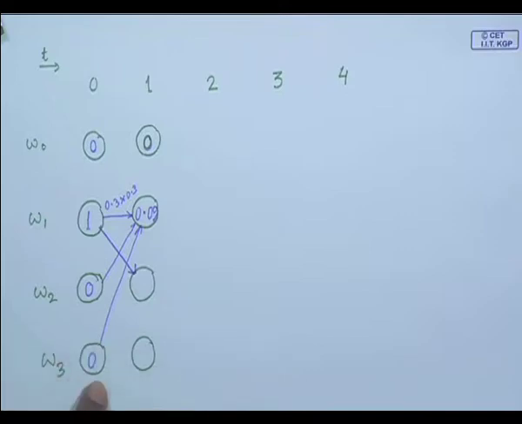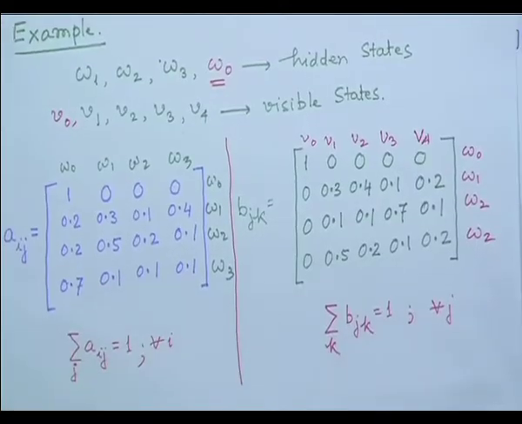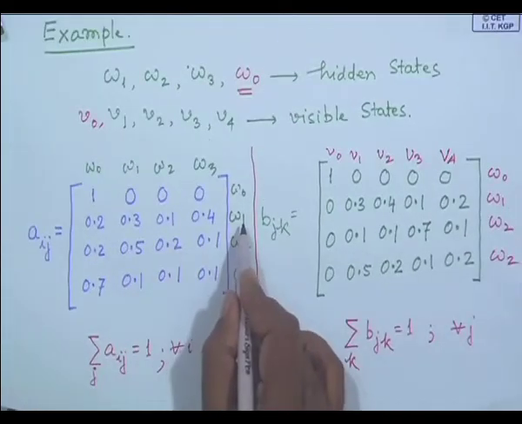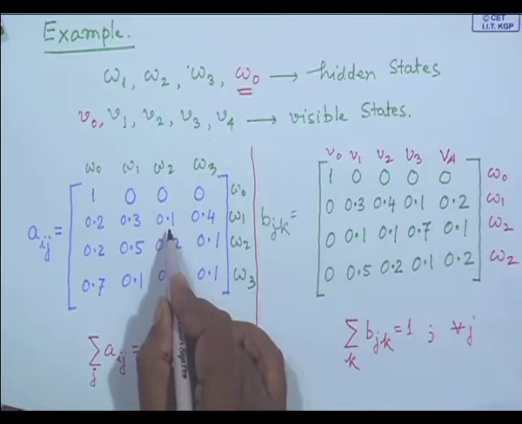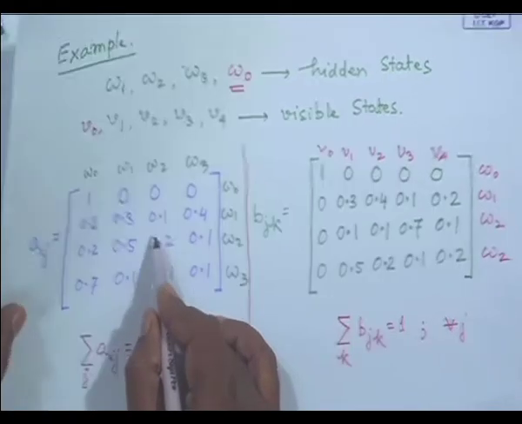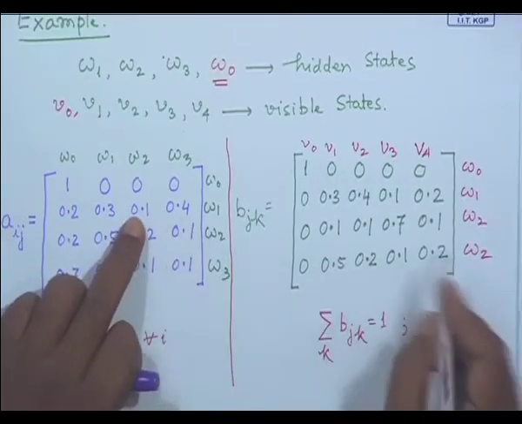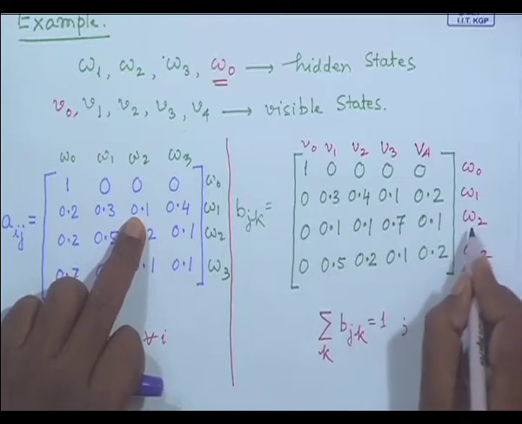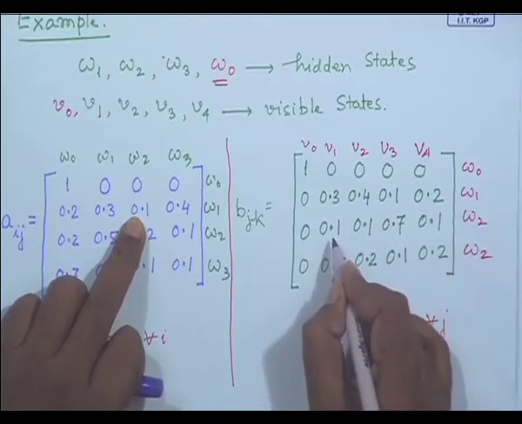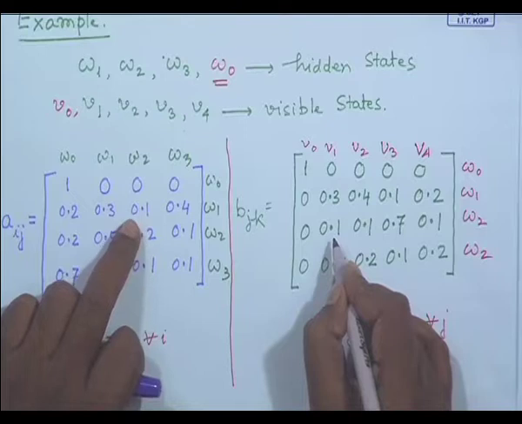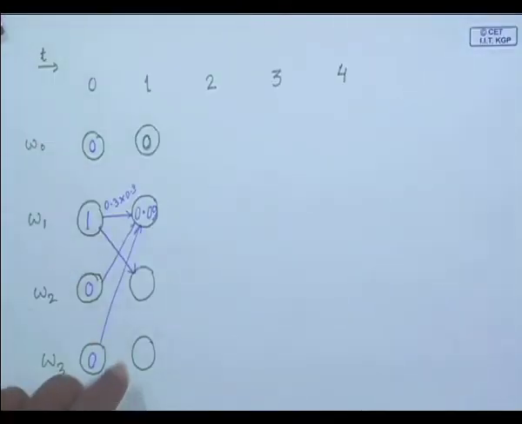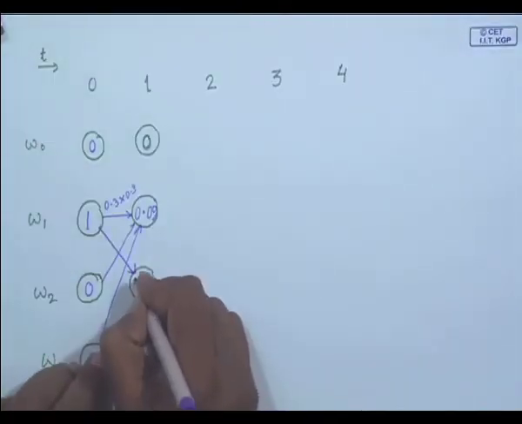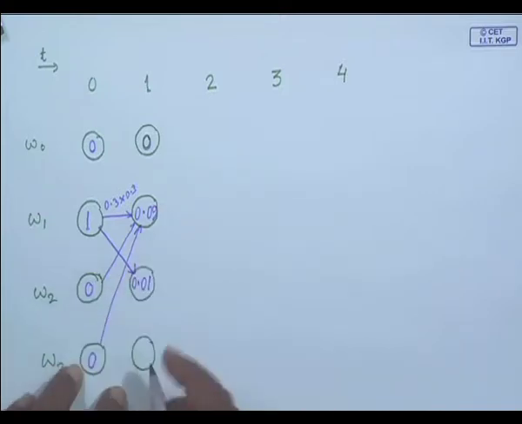The transition probability from omega 1 to omega 2 is 0.1, and the emission probability of V 1 from omega 2 is also 0.1. So this contribution will be 0.1 into 0.1, which is nothing but 0.01. In the same manner, I can compute that this will be 0.2.